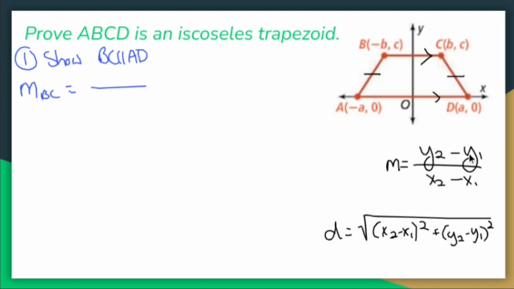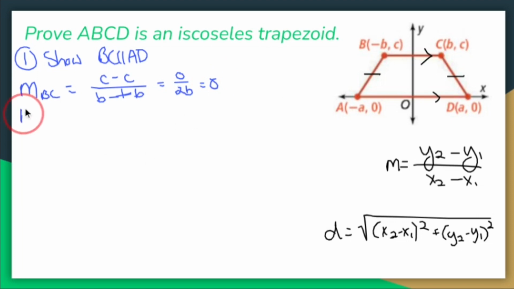So y sub 2 minus y sub 1 is c minus c. I think I can handle that. Then x sub 2 minus x sub 1 is going to be b minus negative b. Double negative makes it positive. 0 over 2b is just 0. Makes sense because that looked flat to me.